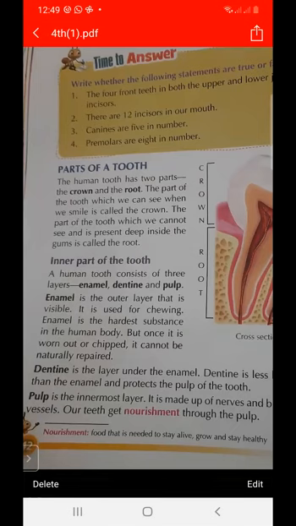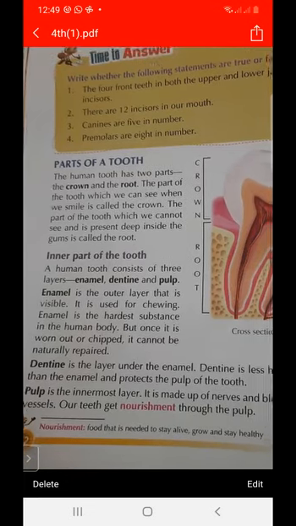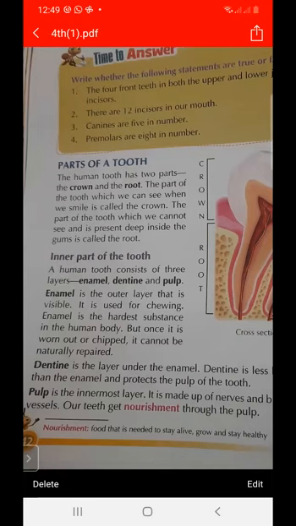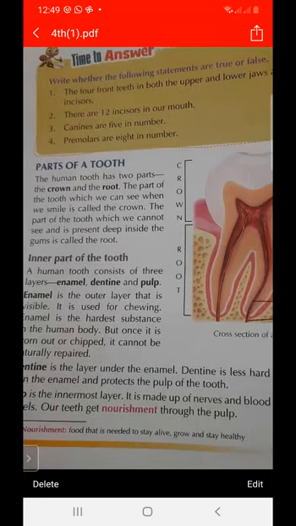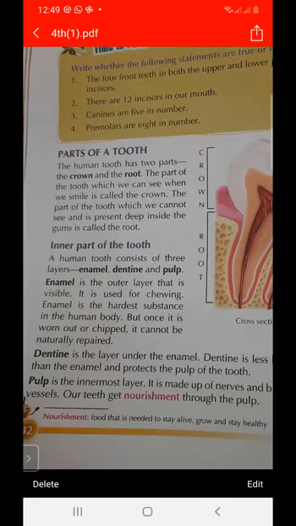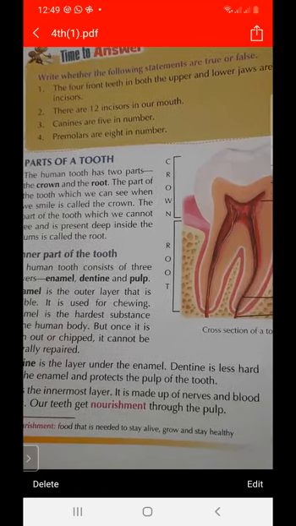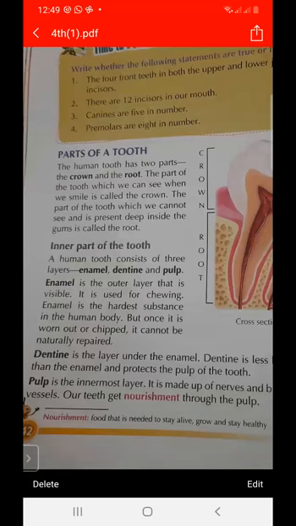After enamel there is a layer which is called dentine. It is less hard as compared to the enamel, and it protects the pulp of the tooth.